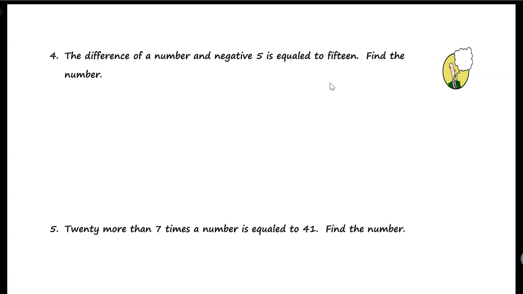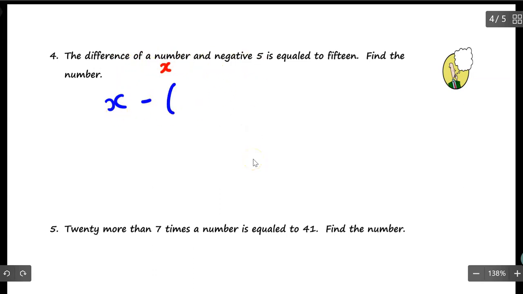This one said that the difference of a number and negative 5 is equal to 15. The difference of a number and negative 5. Difference here means you have to subtract. So if we have that number as x, I would say x subtract a difference of a number, so that means x subtract something, and negative 5.